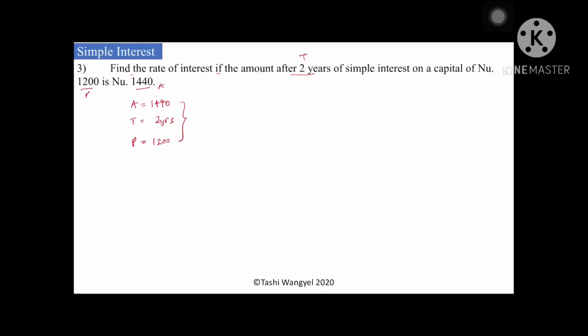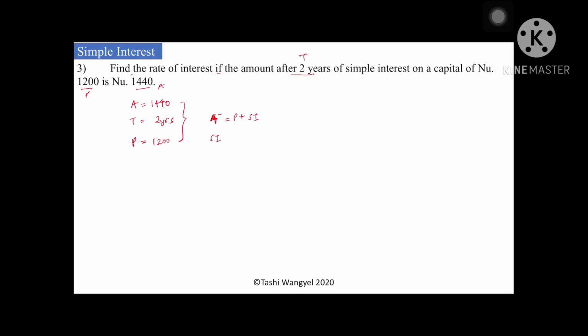We have to find the interest rate, which is the variable. First we have the amount and the principal. The formula: amount is equal to principal plus simple interest.